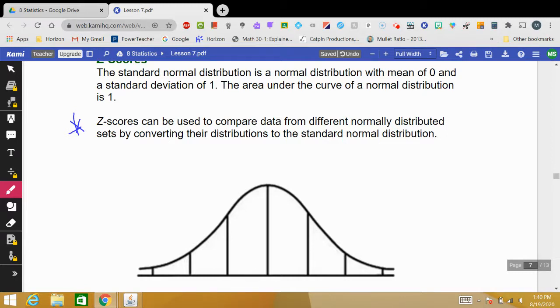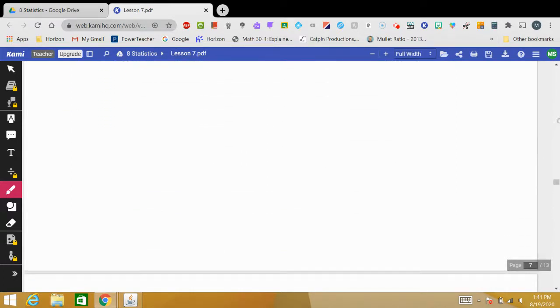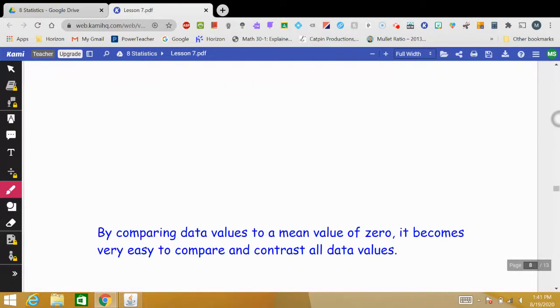So they would have different x-axis numbers for each of their data sets, but if we convert all of their data to z-scores, because every z-score graph looks the same, again, negative 3 to positive 3, because all of it gets converted the same way, it makes it a lot better and a lot easier for us to compare data. That's why we have z-scores.